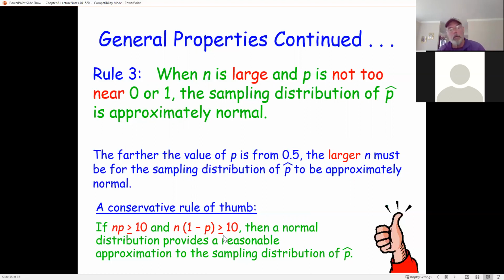Okay? So let's take some numbers here. Let's take a look at 0.437. What is the sample size that we need to get n times p greater than or equal to 10?